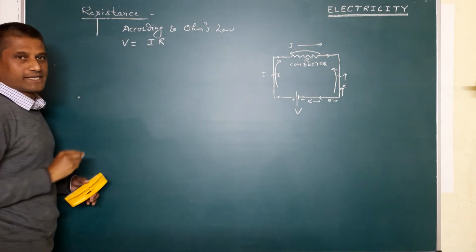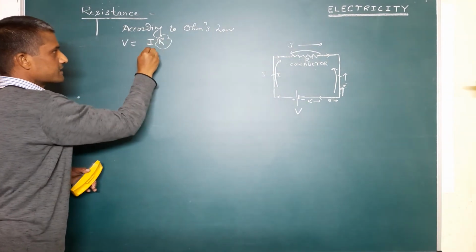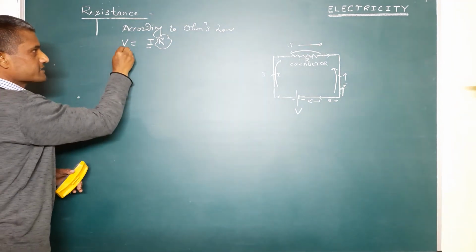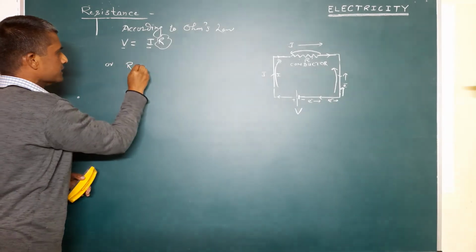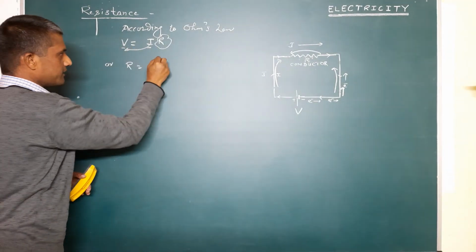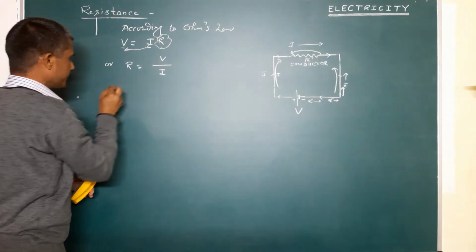Here R is resistance, I is electric current, and V is the potential difference or voltage. Or R is equal to V upon I.